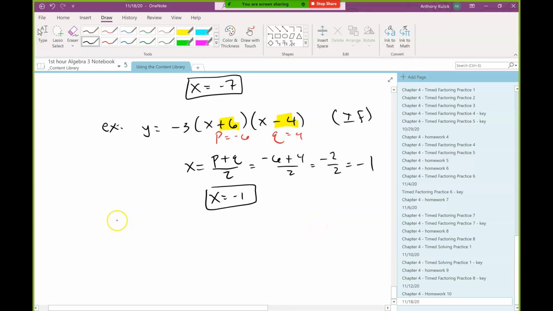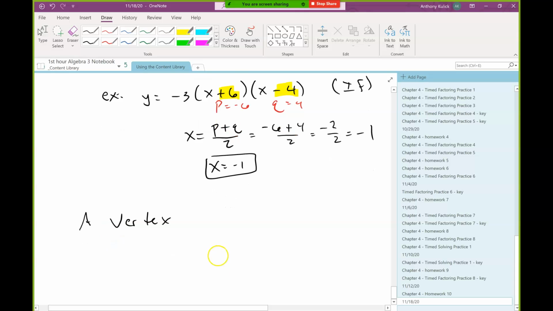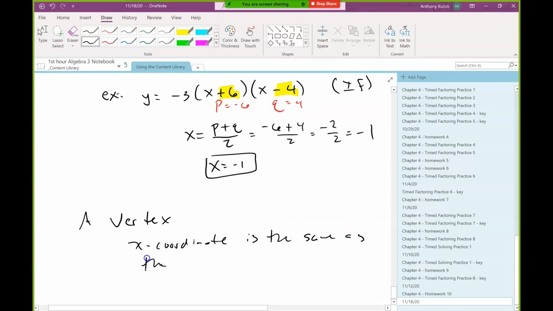And then the last situation is the vertex. So the x-coordinate is the same as the axis of symmetry.